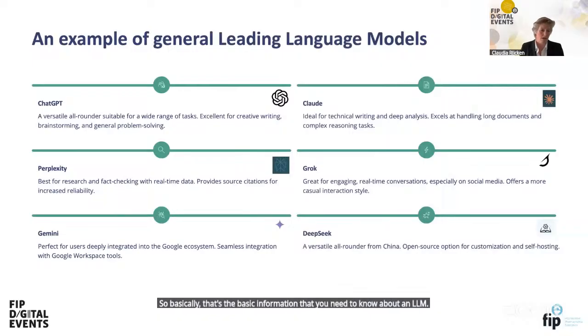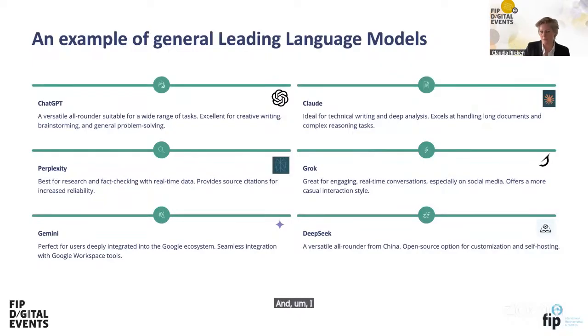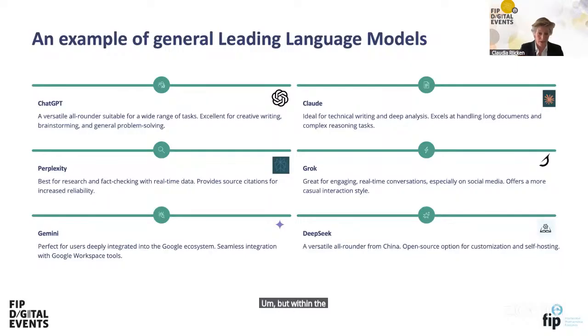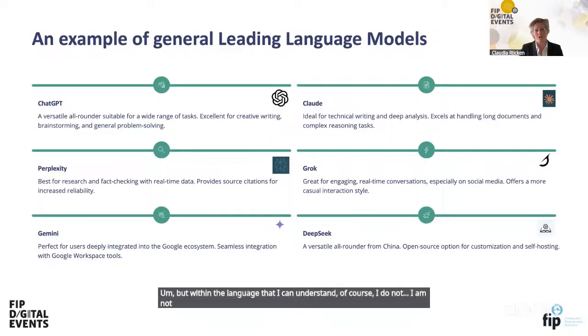And I will not have time to explain all the different models there are in the world. But within the languages that I can understand, of course, I am not able to read Chinese or some other languages where you can have local large language models as well.